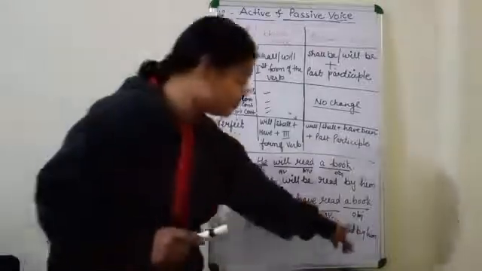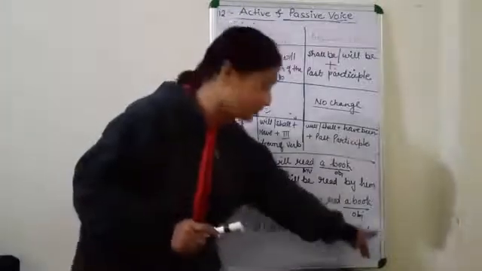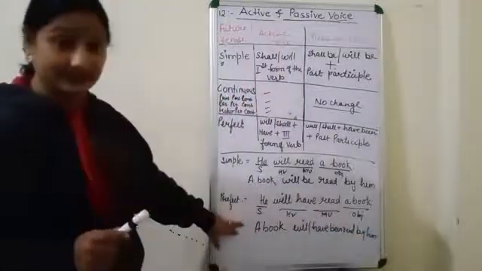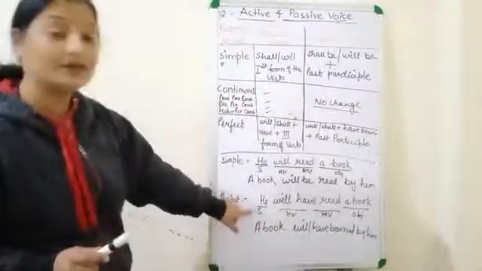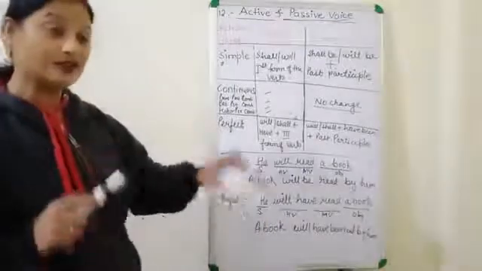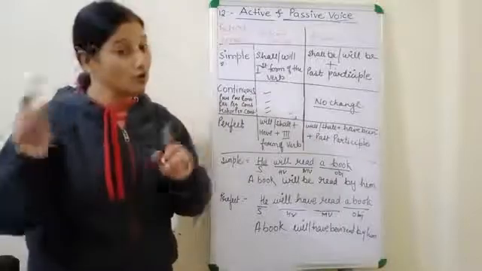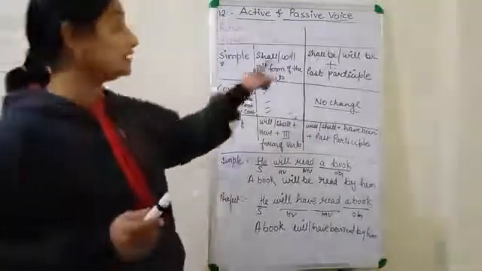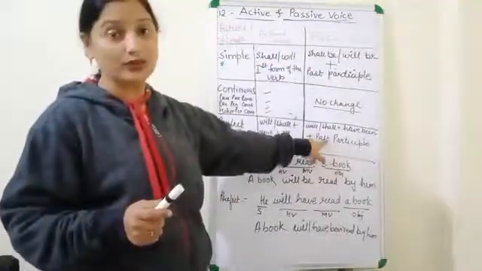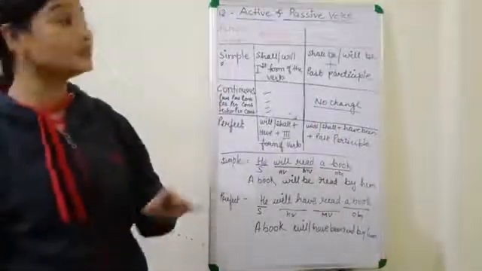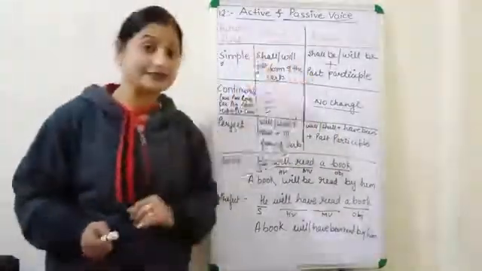And number 5 will be addition of the preposition just before the subject. So this is your sentence: a book will have been read by him. So all the students, you are requested to learn all the 5 steps as well as this rule. Then only it will be very easy for you to convert active voice into the passive voice.